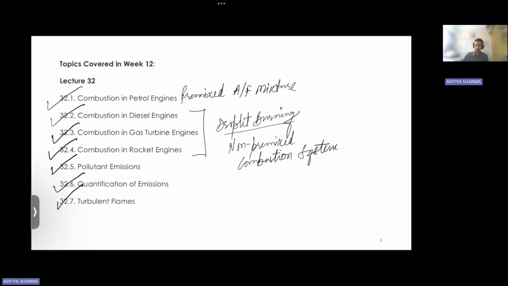This tells you how challenging it can be to analyze scenarios where turbulence is in the picture. So these are the topics that have been covered in this week's content.